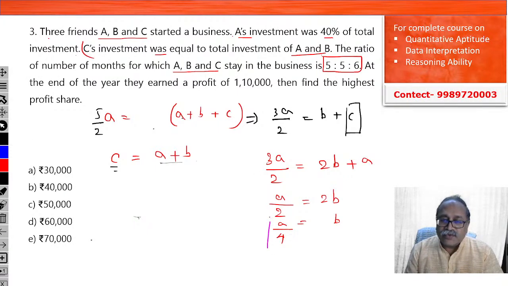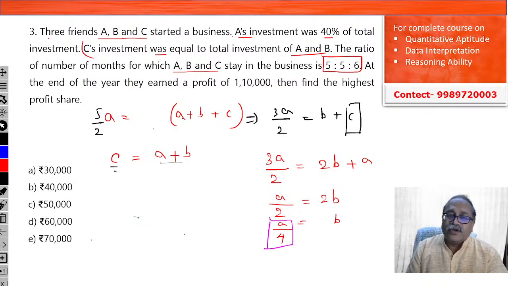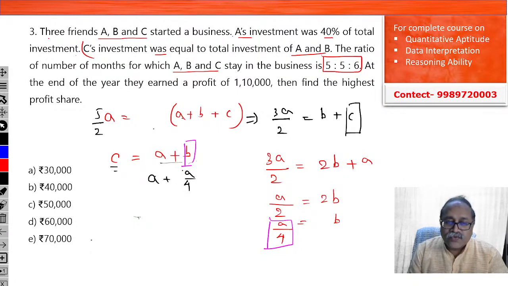A will be written in the form of A, and B will be written in the form of A by 4. Now I will write the C. So I will write B here in the form of A by 4. So let's write down this A plus A by 4. Then this is 5A by 4.